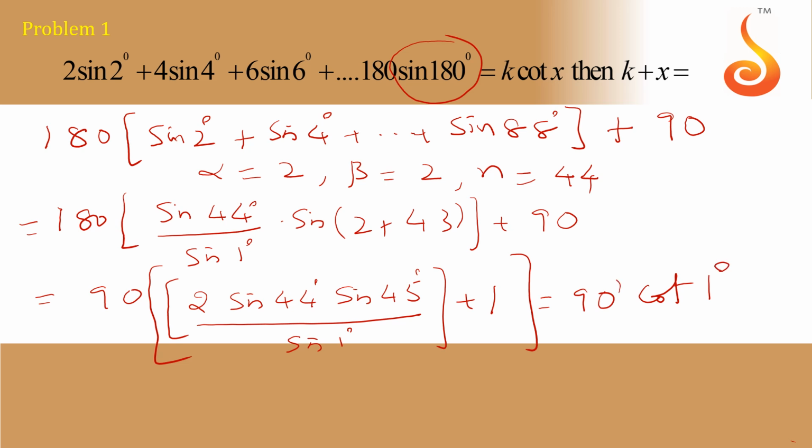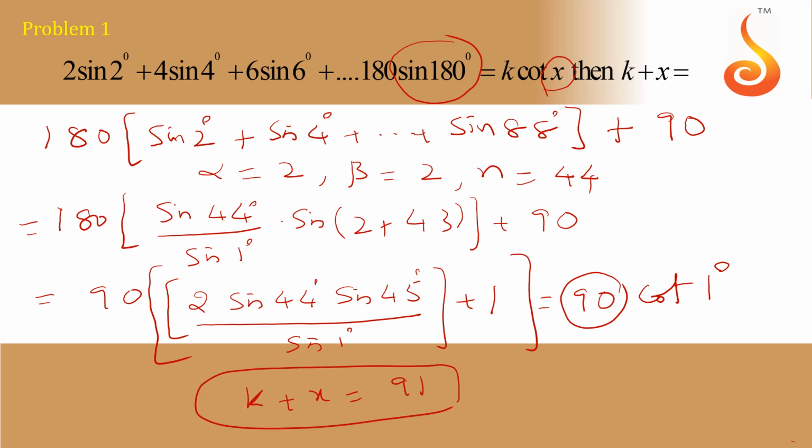So the value of k is 90, and here I asked x. If it is x degrees, the x value will be 1, then k plus x will be equal to 91 if x is in degrees. Suppose we take it as radians, then you have to use the radian value of 1 degree.